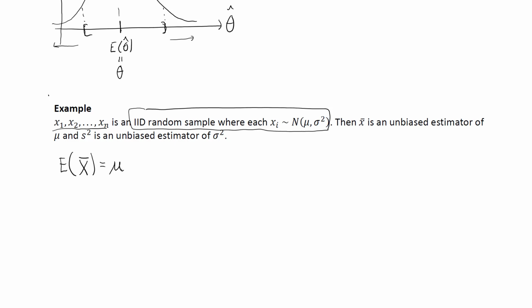Of course, if I don't make any assumptions, if I'm just given a sample, then I will never be able to show that an estimator is unbiased. In the same way, we know that the expected value of the sample variance is sigma square, and that means that S square as an estimator of sigma square is unbiased.